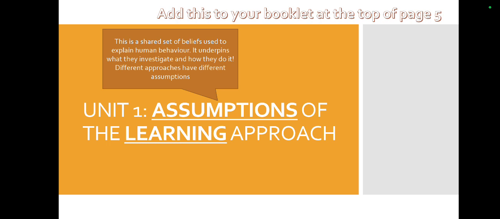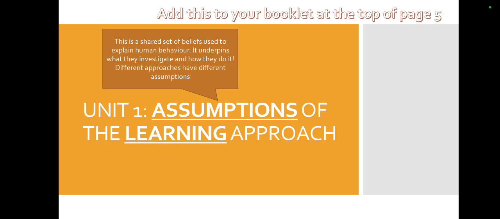So the assumptions that you hold underpin exactly what you choose to investigate and exactly how you will do that. Different approaches have different assumptions, and they therefore have different aspects of human behaviour that they're interested in, and they investigate it in very, very different ways also. So that's what we mean when we refer to assumptions throughout this booklet.